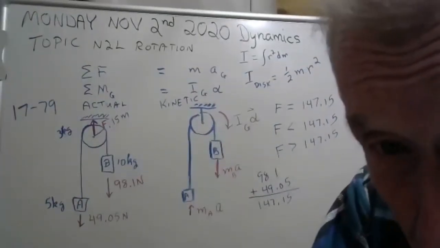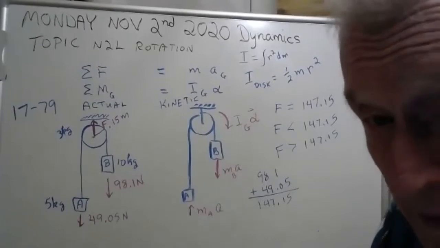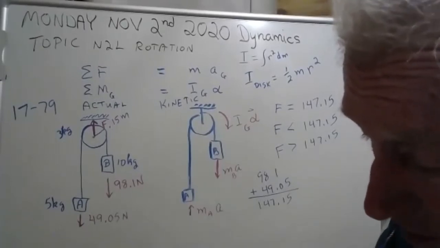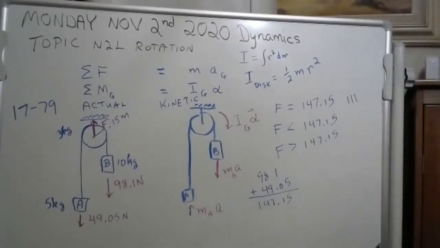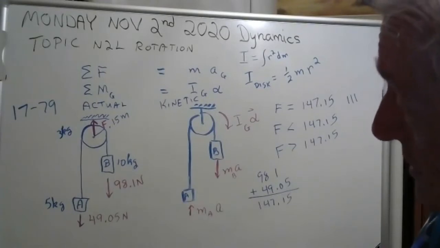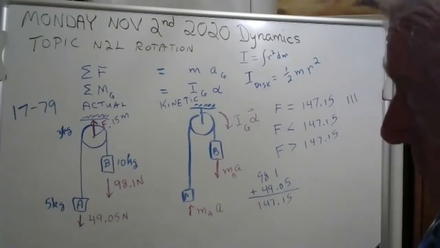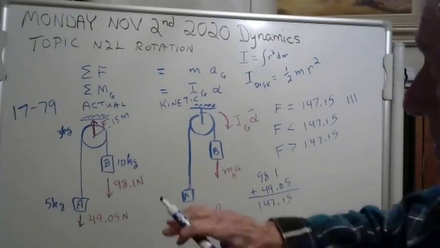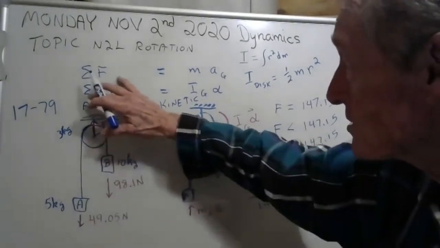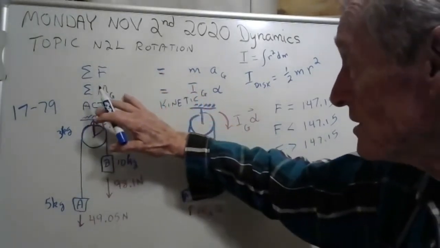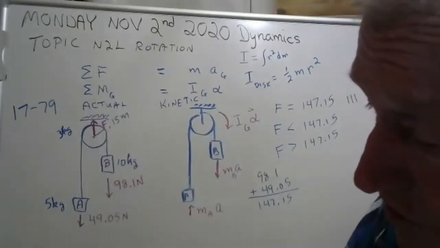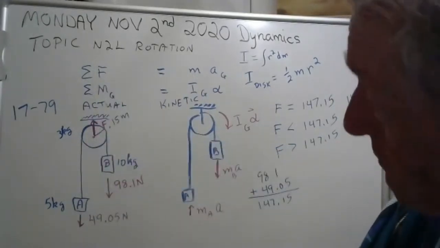So let's just go ahead and work the problem. But all 3 of you guys are wrong. It's not going to equal that, and we'll try to show you why. The answer lies in these equations right here. These equations are called Newton's second law.